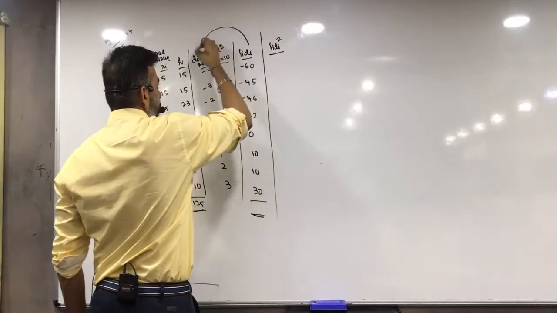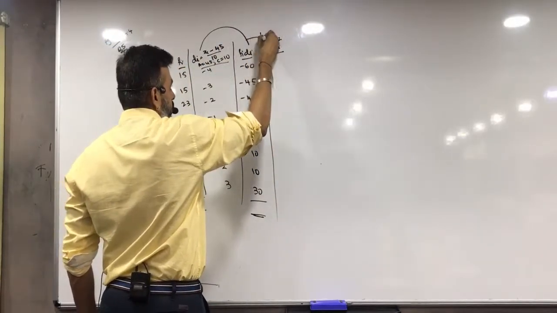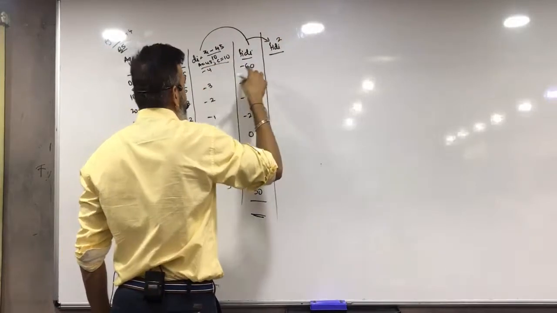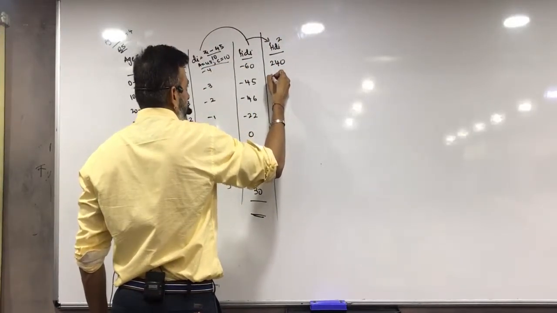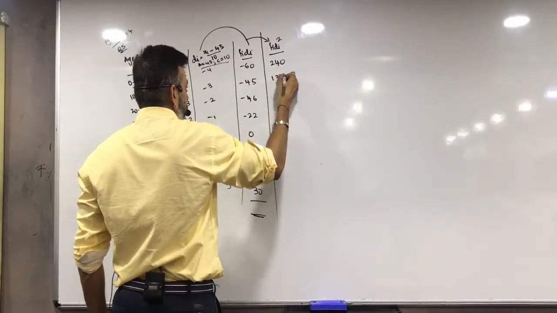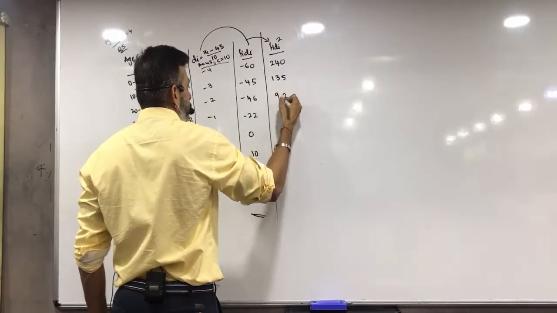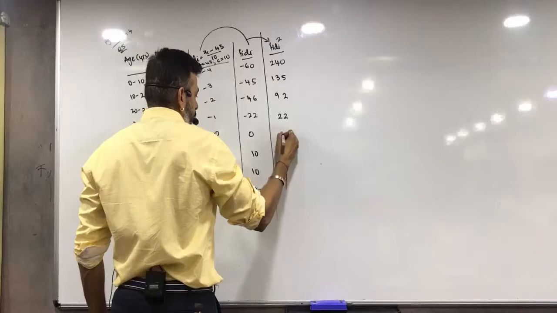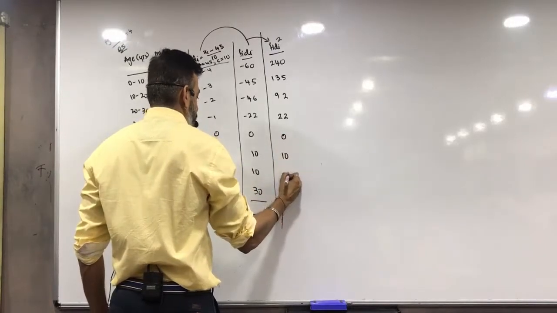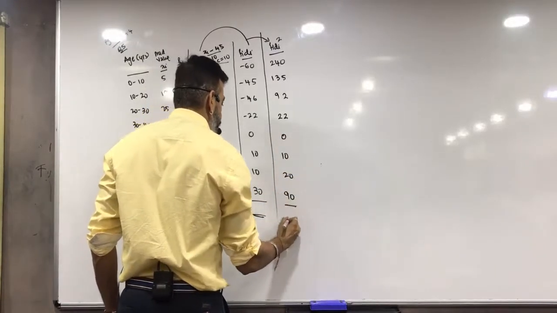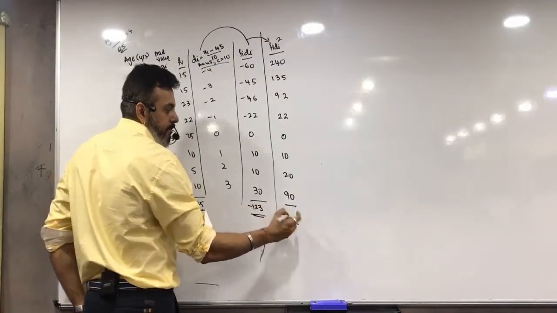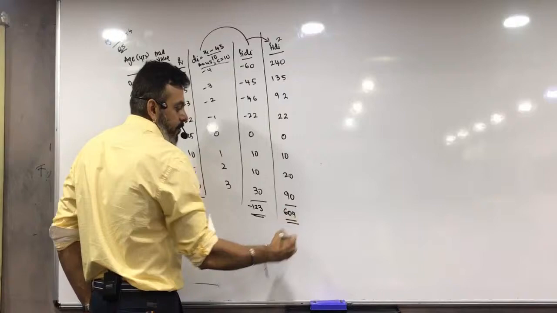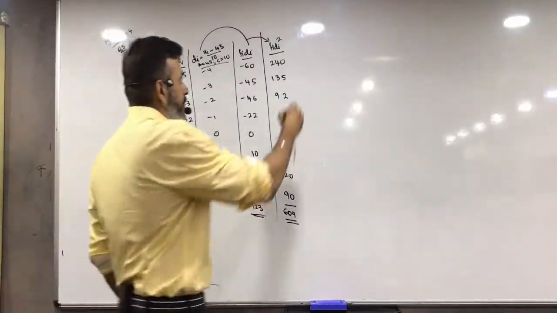So fi di into di is equal to fi di square: 240, 135, 92, 22, 0, 10, 20, 90. Sigma fi di is minus 123.